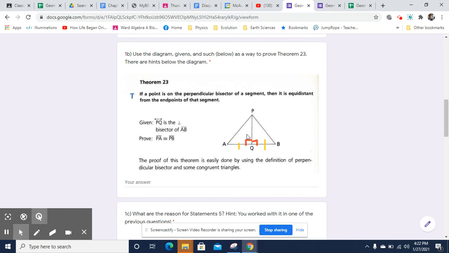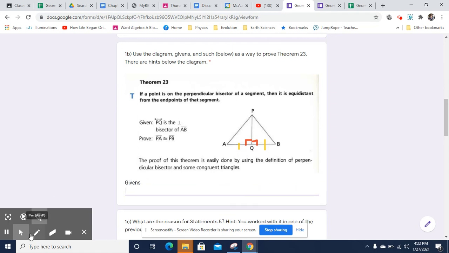After we say the givens, so there's the givens, then we can say, in a formal proof, by the way, you actually are supposed to write out the givens as statements, and then the reason for them is that they're given. But I'm doing a shortcut now, and I can say that PQ is congruent to PQ by reflexive, because it is itself.